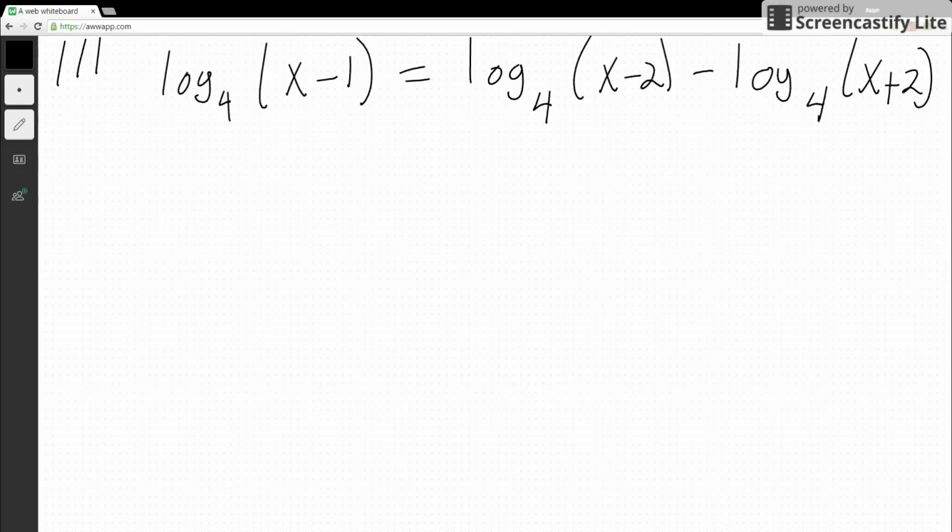And so working this out, I need to solve it. I want to get everything down to one log. So this is going to be log base 4 of (x minus 1) equals the quotient over here.